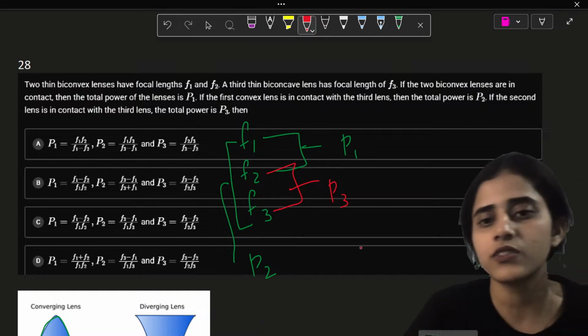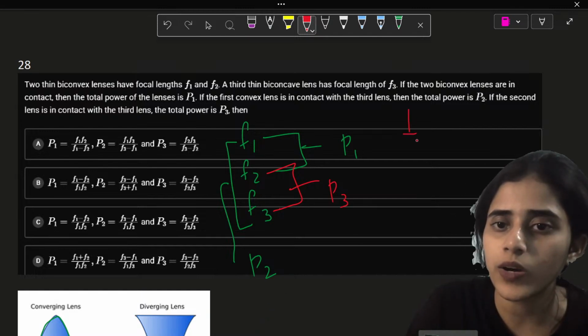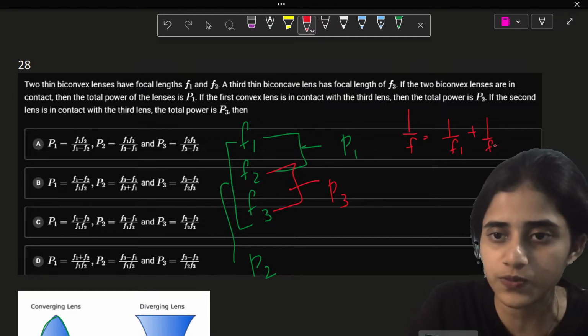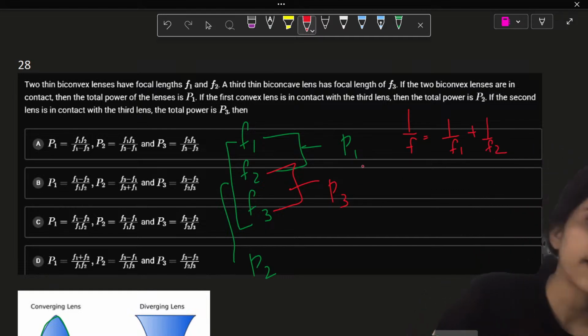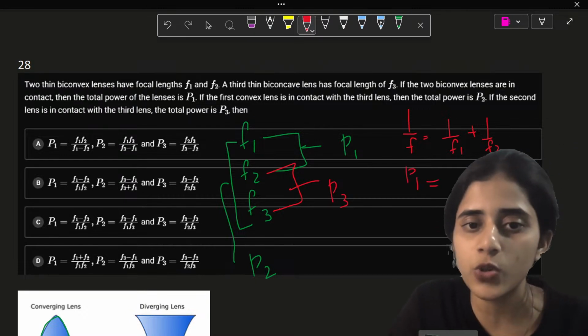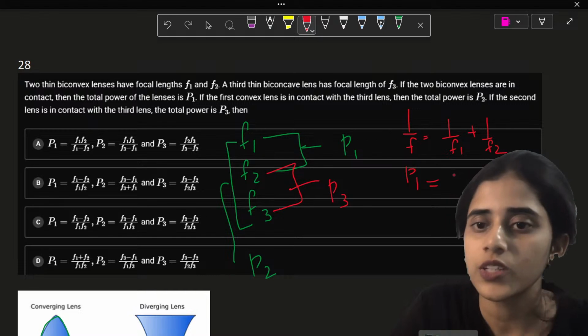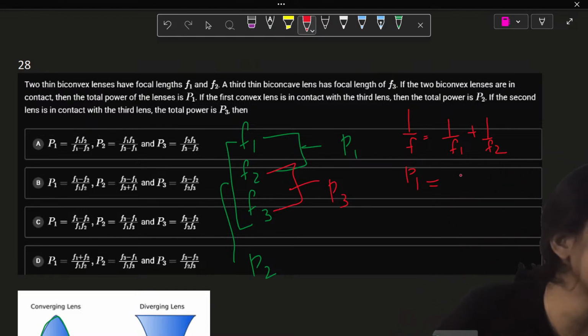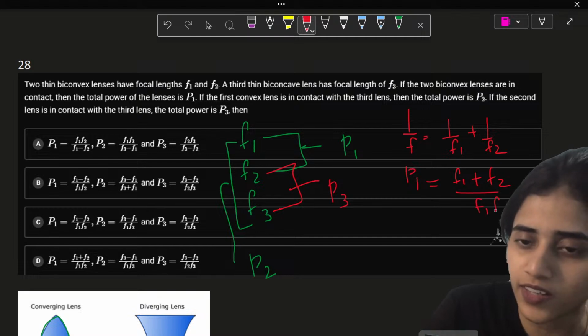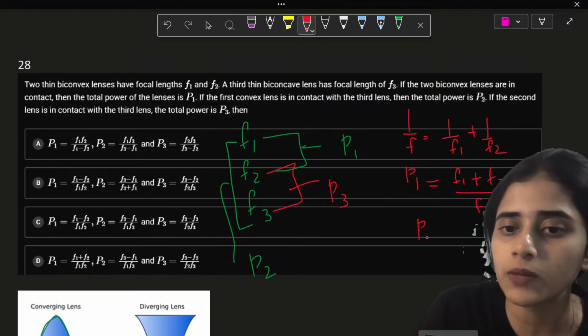So simple. What is the formula? 1 by f is equal to 1 by f1 plus 1 by f2. Now power is 1 by f. So for P1, you have to take f1 and f2. So it will be (f1 plus f2) by f1 f2. Now P2 will be which all?